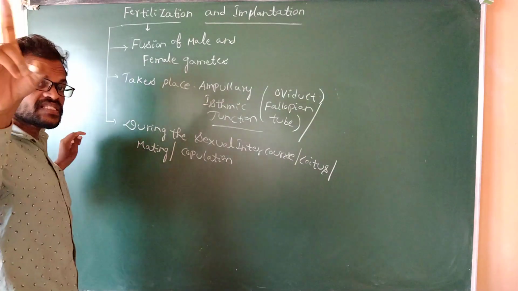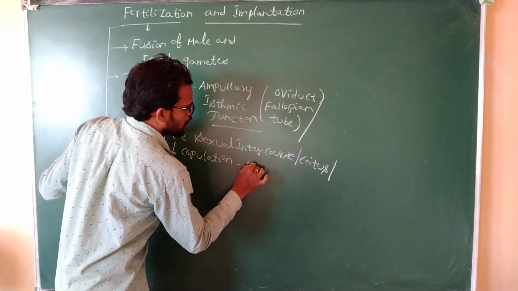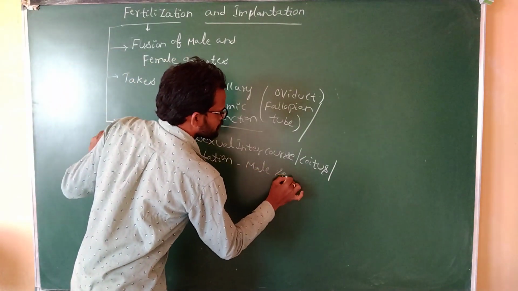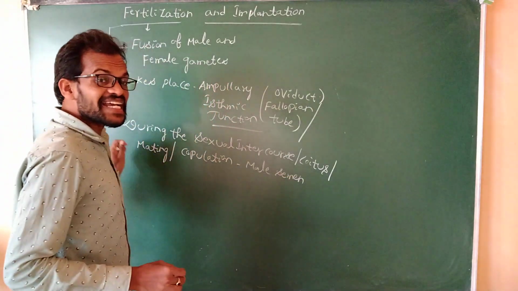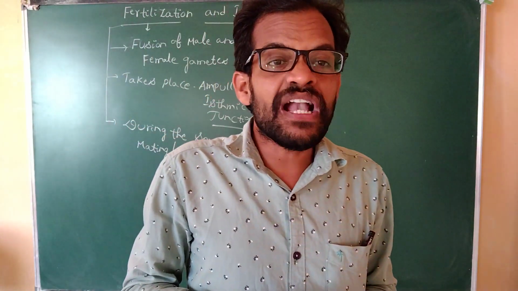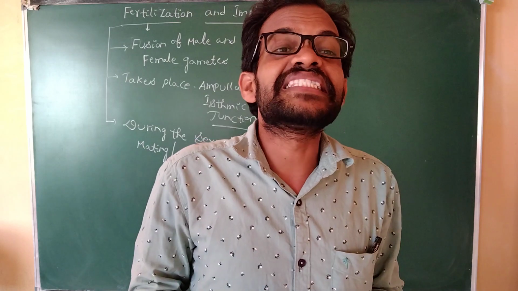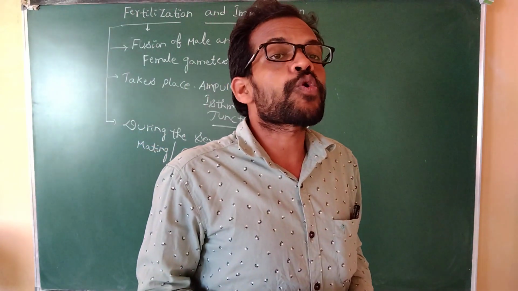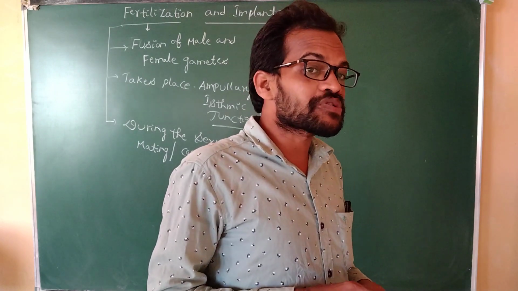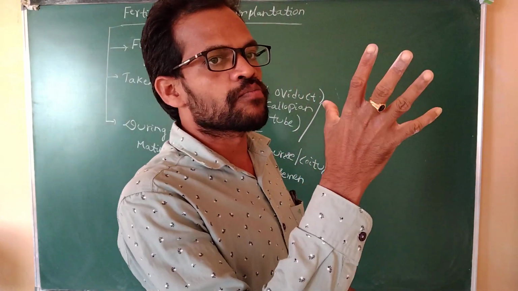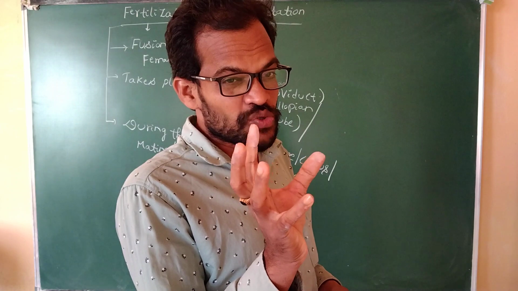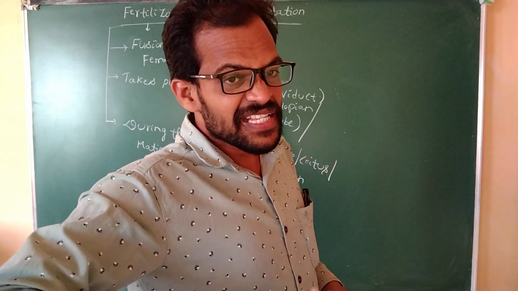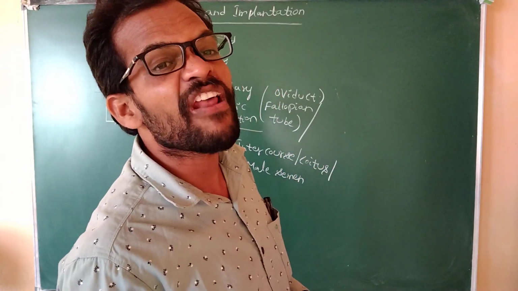The male semen is the mixture of sperm cells and seminal fluid. The seminal fluid contains prostaglandins. With the help of prostaglandins, the uterus contracts, and when the uterus contracts, the sperm cells move easily into the fallopian tube.